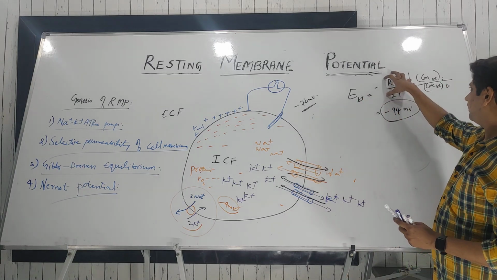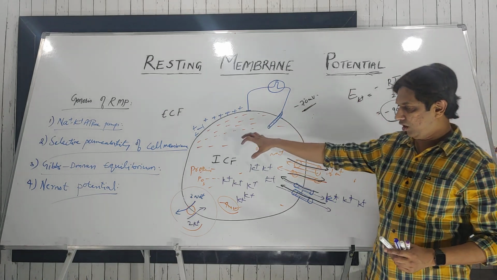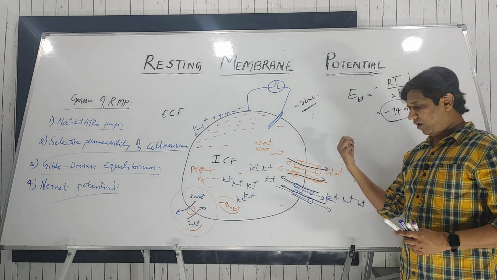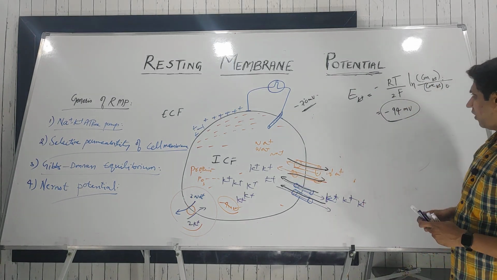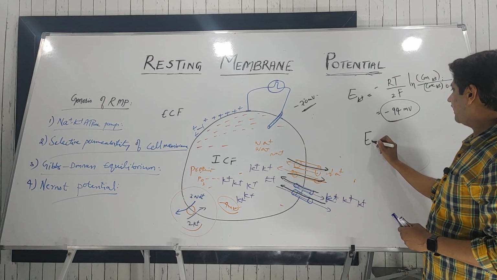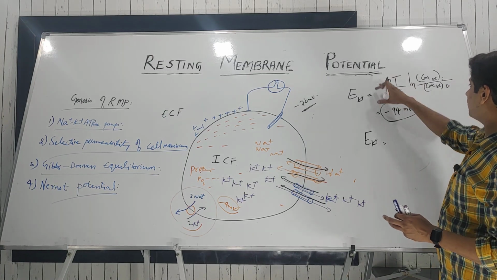These are generally the constants, and the concentration of potassium inside will be around 145 millimoles per liter. Outside it will be 3.5 to 5 millimoles. If you calculate the natural logarithm and all, and simplify this formula, we can write the equilibrium potential for potassium, if we sum up, these are constants.